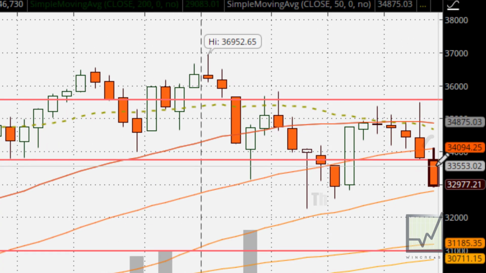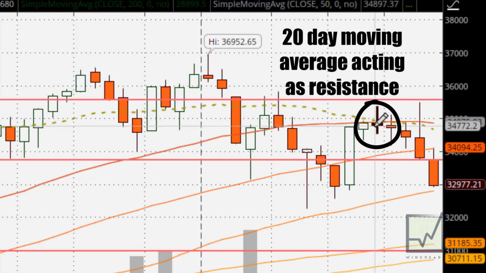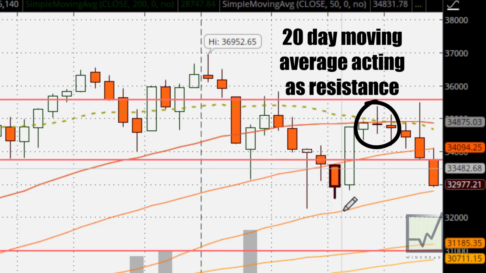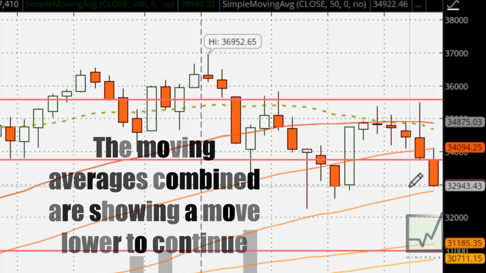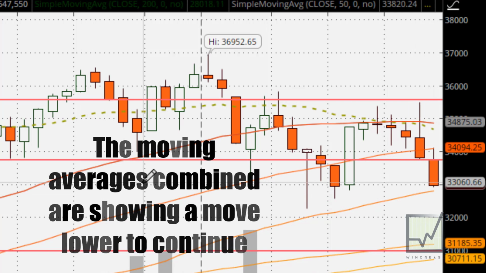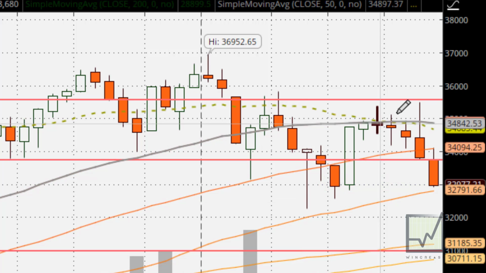And we have similar action. We looked at the 20-day moving average. It was resistance. We see all of my ribbon study here showing that the moving averages are starting to turn. All of them are pointing to the downside. Last week we talked about how the Dow could likely test out that 33,000 area, and we did. 32,977.